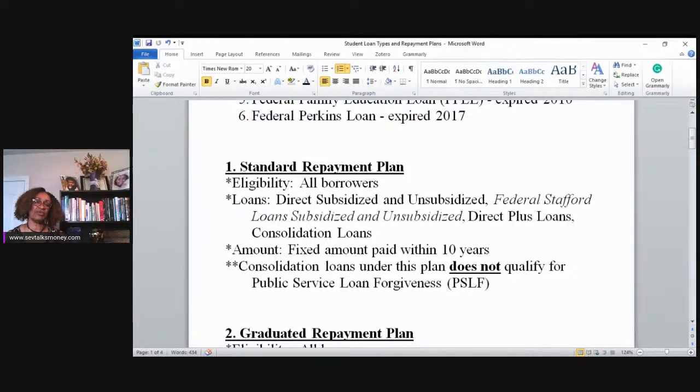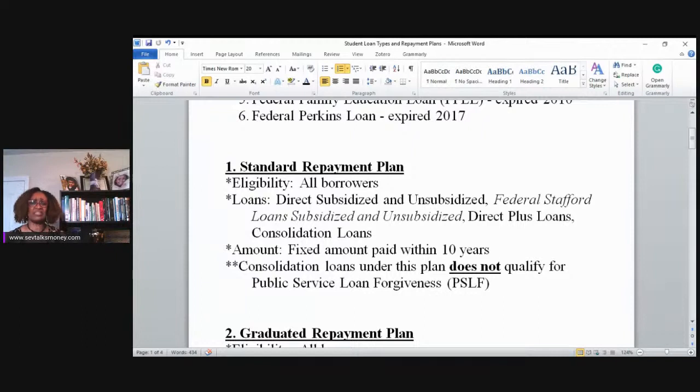And I have here Federal Stafford loans, subsidized and unsubsidized, for those who may have gotten those loans before, because those loans are now considered direct subsidized and unsubsidized. I wanted to include that and put it in italics, because if your loan was called Federal Stafford loans, then you still qualify, even though it's no longer called that. Okay, hope that makes sense.